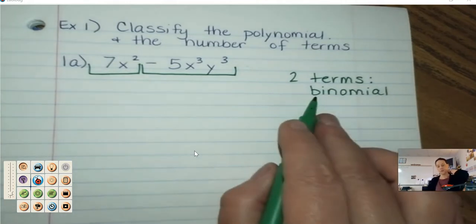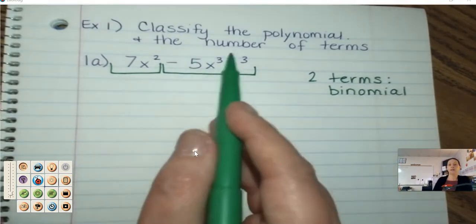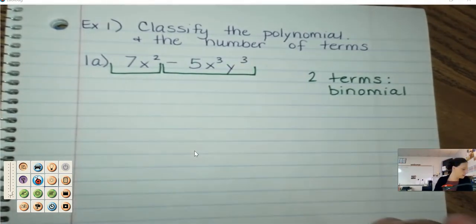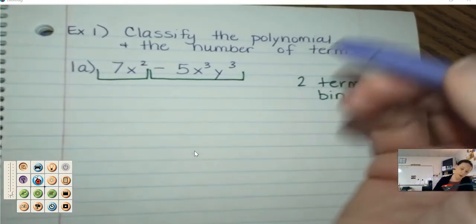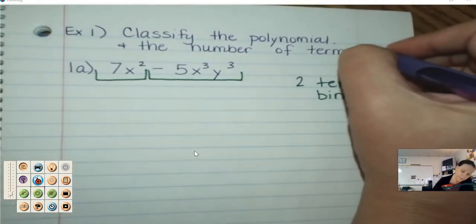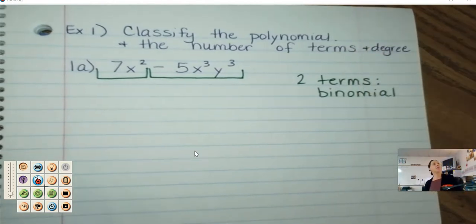Bi means 2. So binomial has 2 terms. Now I have to discuss the, oh, is that all it's asking me? Oh, it's asking for the degree too. Sorry, I didn't put that in my directions. And then I have to tell what the degree is.